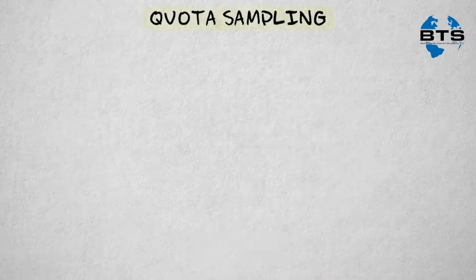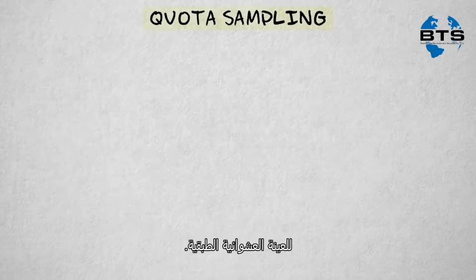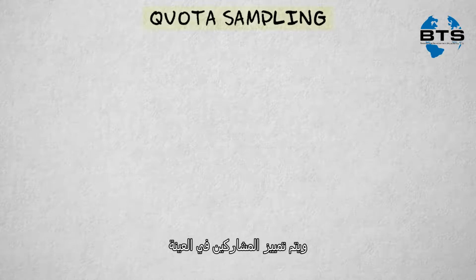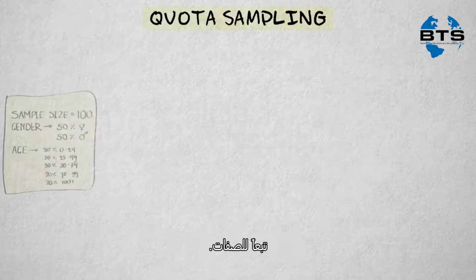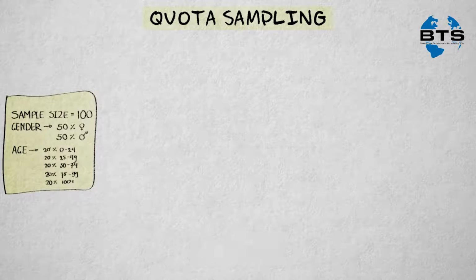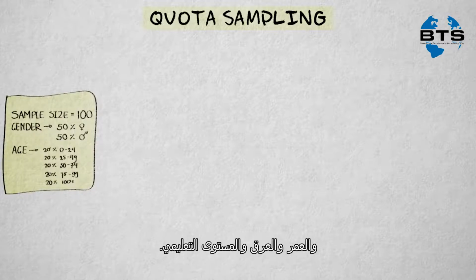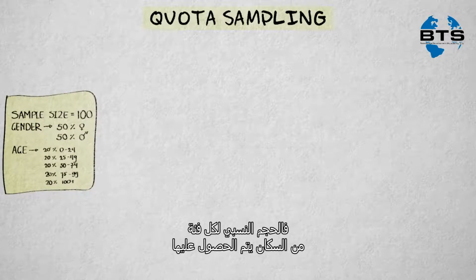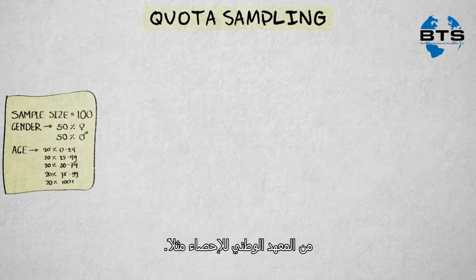Quota sampling is superficially similar to stratified random sampling. Participants in the sample are distinguished according to characteristics such as gender, age, ethnicity, or educational level. The relative size of each category in the population is obtained from a National Statistics Institute, for example.